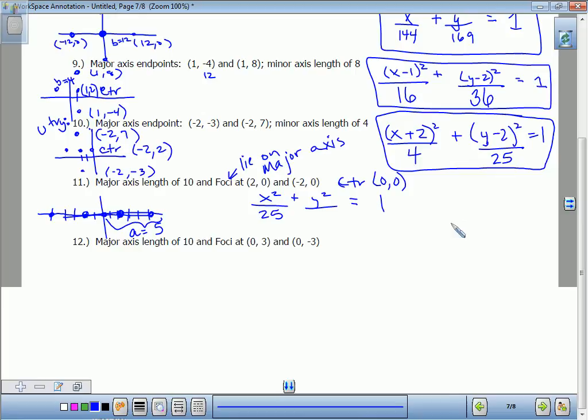Okay, now we have to find b. The formula is c equals the square root of a squared minus b squared. Or you can go back to c squared equals a squared minus b squared if we squared both sides. So we know c is 2. We know a squared is 25.